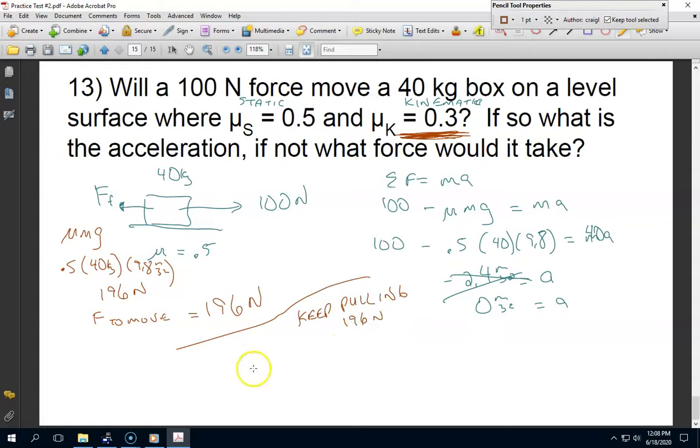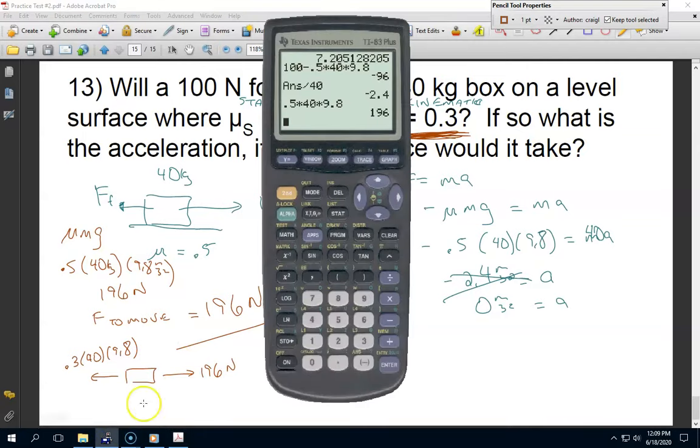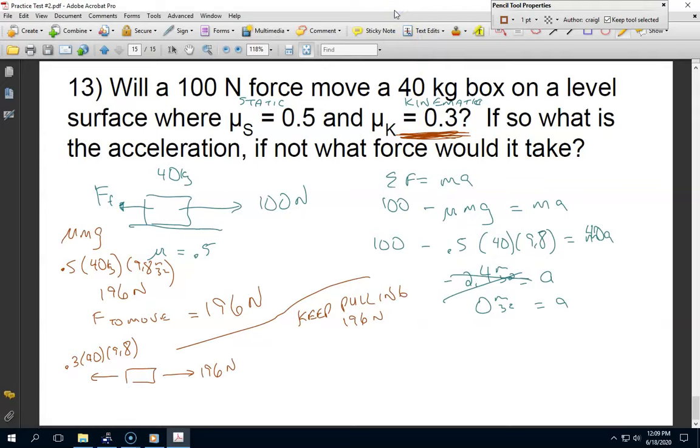What would happen if I do that? I'm pulling 196 newtons to the right, because that's how hard I had to pull to get it going. But now my friction is not 0.5 times 40 times 9.8. It's 0.3 times 40 times 9.8, which is 117.6. I think 118 would be okay.